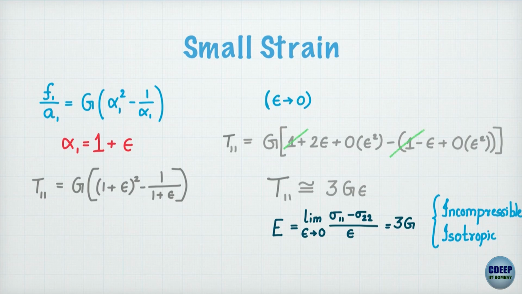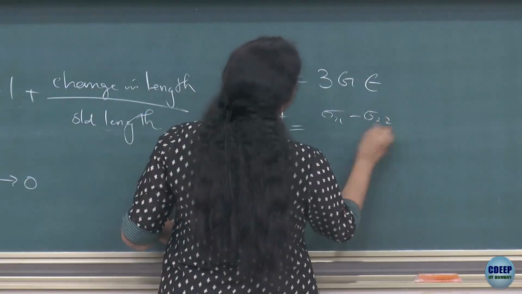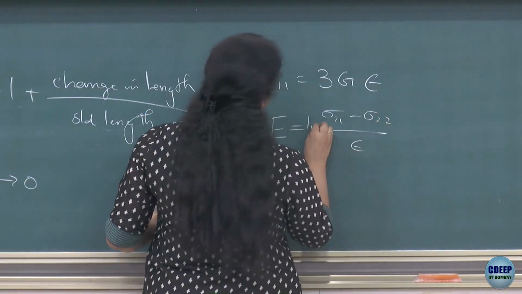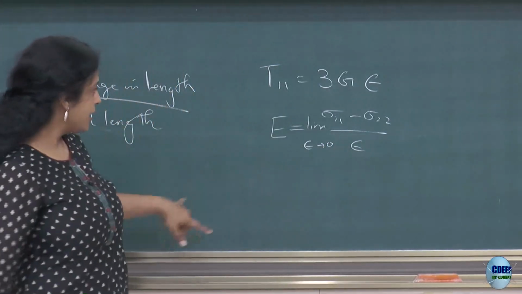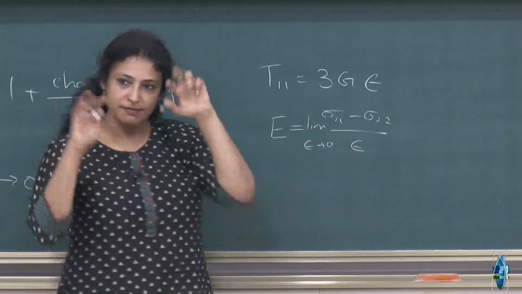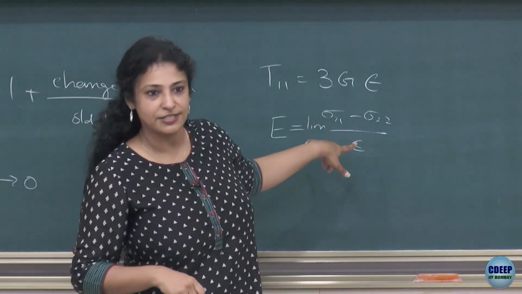And we know that normally you would have used an expression of this form, E, which is our Young's modulus, is basically sigma 11 minus sigma 22 divided by epsilon in the limit that epsilon tends to 0. Now, sigma 11 minus sigma 22 is something that we have actually already implemented by eliminating pressure from the equation.